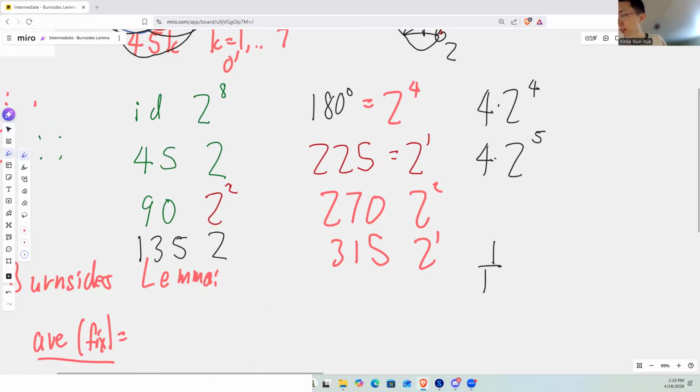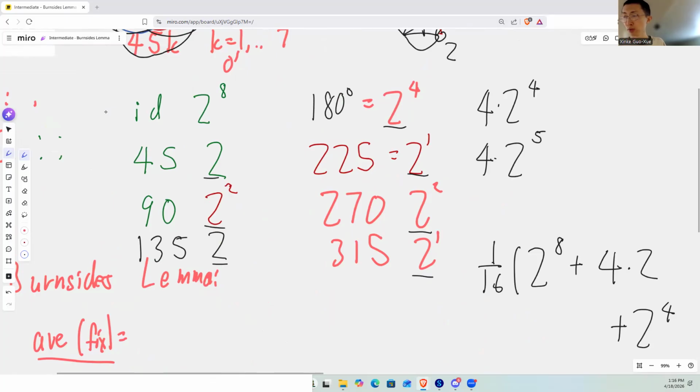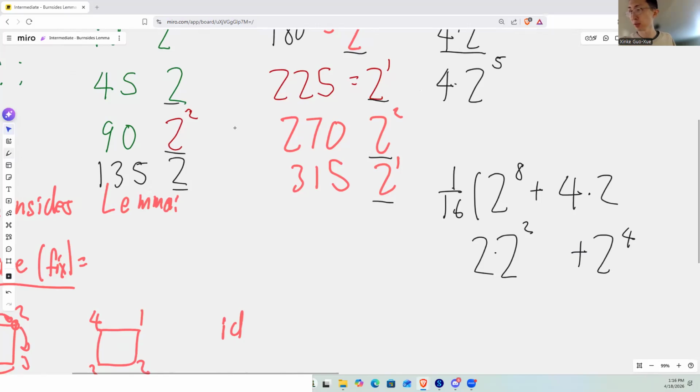So it's 1/16 of 2 to the 8th, plus 4 twos, so 4 times 2, plus 1 times 2 to the 4th, 2 squares, 4 of these, and 4 of these. I'll let you work out what that is on your own.